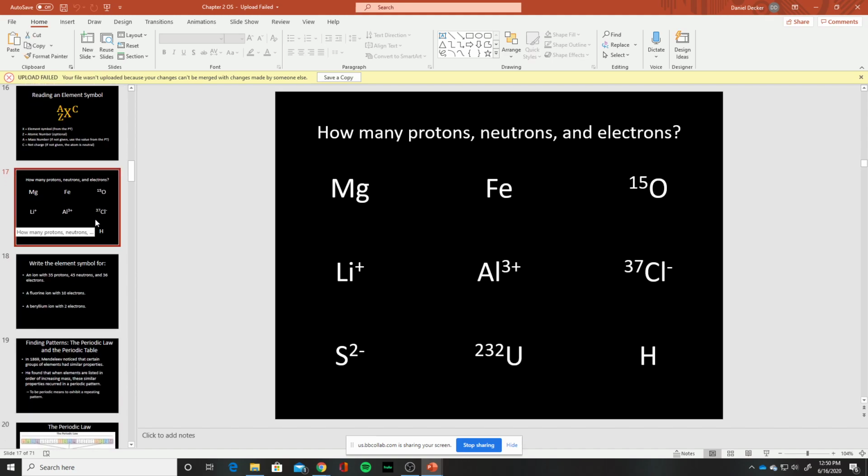I also expect you to be able to do what we did here on these slides, where you figure out how many protons, neutrons, and electrons an element has based on its chemical symbol. So there will be questions on the exam like this, where I will give you a symbol and you have to tell me how many protons, how many neutrons, how many electrons.